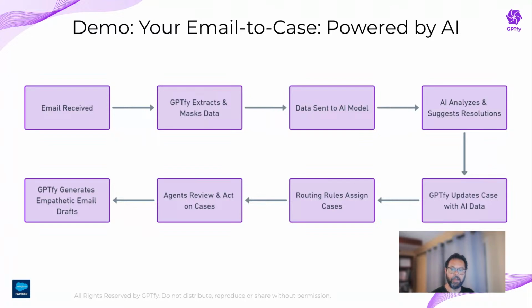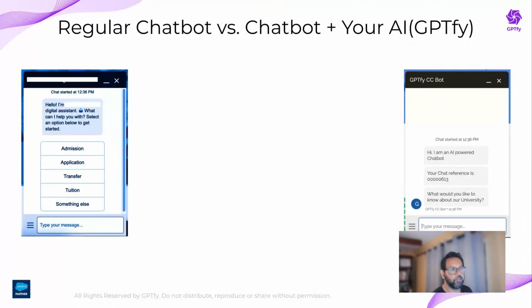AI did something with it, came back with resolution, it's connected to RAG. GPT-5 then updates it on AI, and you have all of this routing and email drafts that you can generate. Very standardized, very simply available today, and you can reduce your cost. You can improve the speed, the mean time to resolution, the customer satisfaction, things like that. So that's on this front here. Let's talk a little bit about chatbots now.